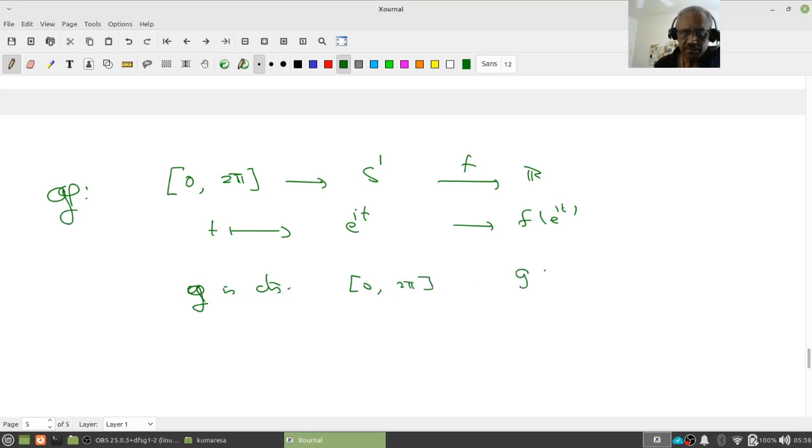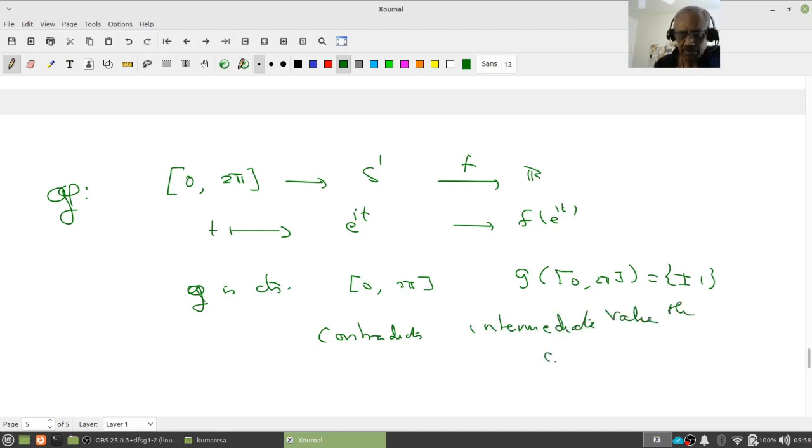But g of 0 to 2 pi is plus or minus 1, and this contradicts the intermediate value theorem. Why? Because 0 lies between minus 1 and plus 1, and minus 1 and plus 1 are assumed.